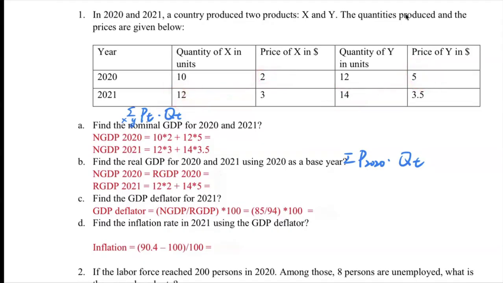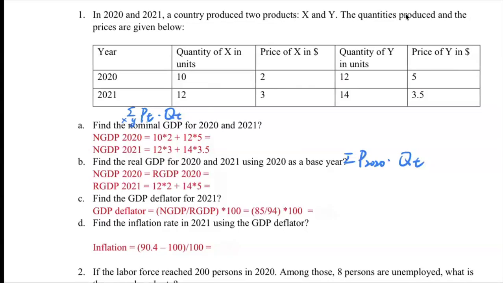And remember, what is the GDP deflator? It's just the nominal GDP divided by real GDP times 100. So you can get the answer for 2021 after getting the nominal and real GDP in 2021. Okay?